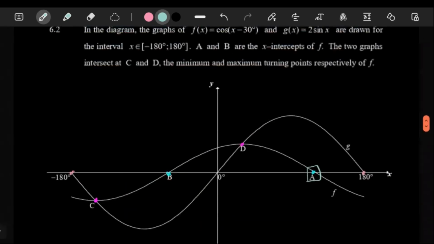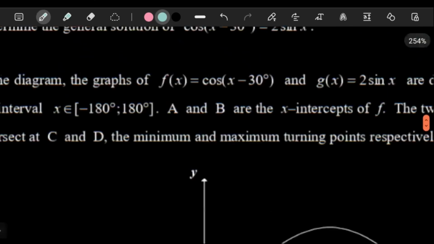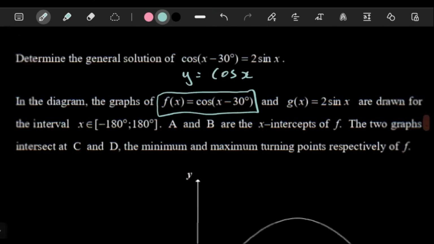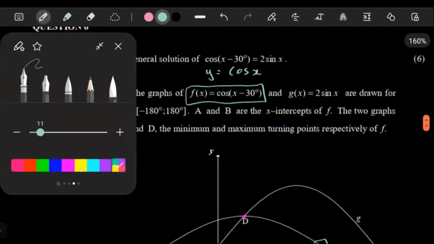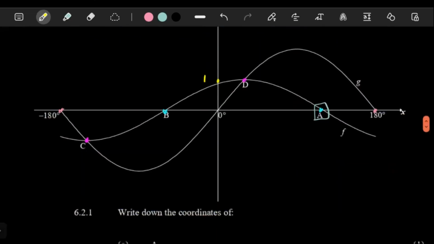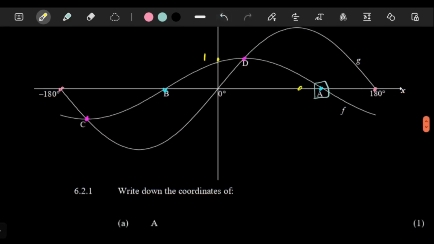The reason you have to be strategic is that you need to know what this means based on what the standard image would have looked like. The standard image would have been something like cos x. The graph of cos x would start at 1, and then it goes down, and somewhere at 90 it goes down to the x-axis, and by the time it reaches 180 it will be somewhere down there.